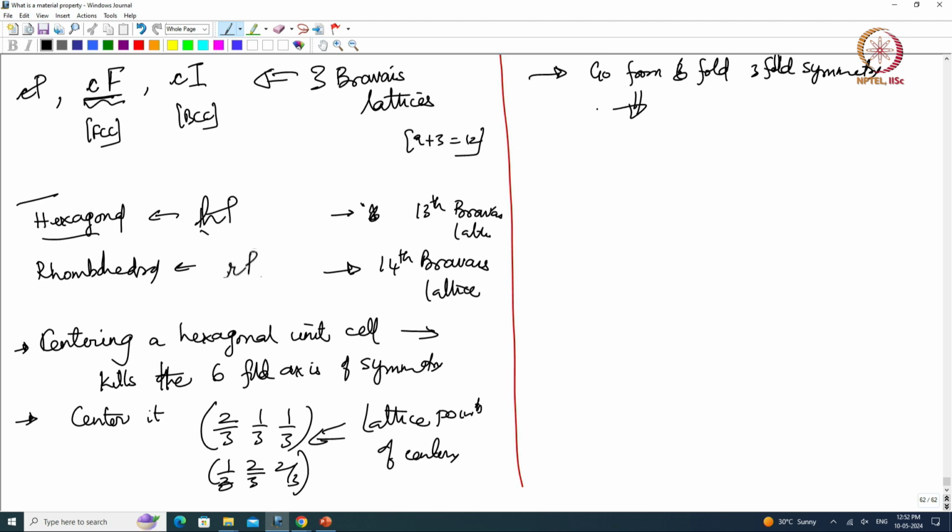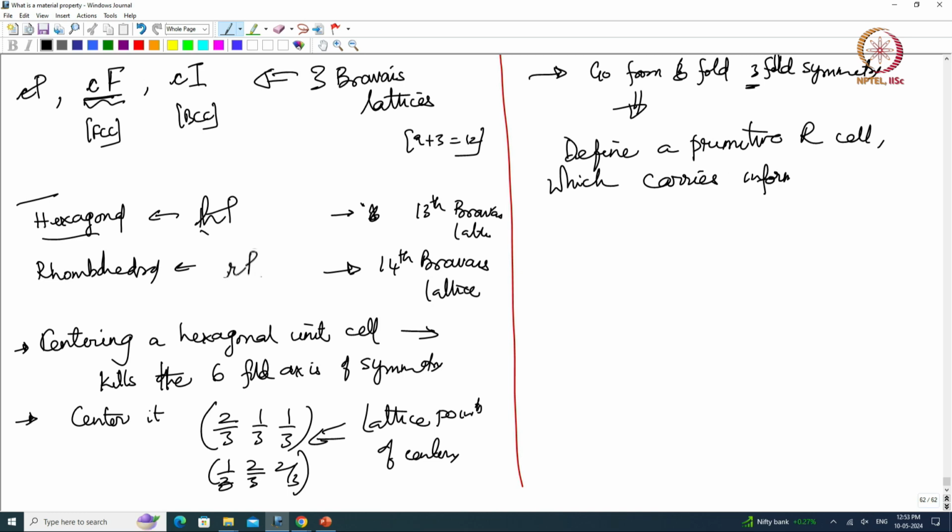However, what comes up from this centered hexagonal unit cell is a rhombohedral cell. Or in other words, in this 3-fold symmetry, I can define a primitive R cell which carries information about 3-fold axis of symmetry.